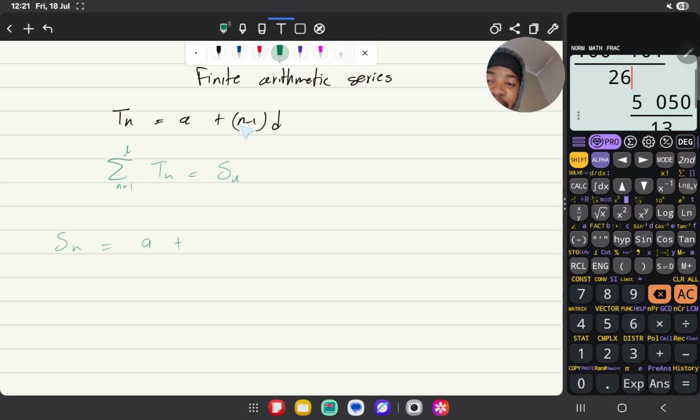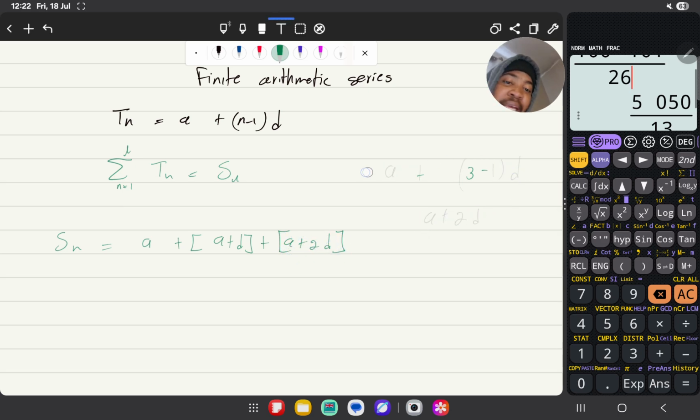We go here and substitute 2. So we have A plus 2 minus 1 D, so the second term is going to be A plus D. And the third term is going to be what? Here we substitute 3, so you have A plus 2D.